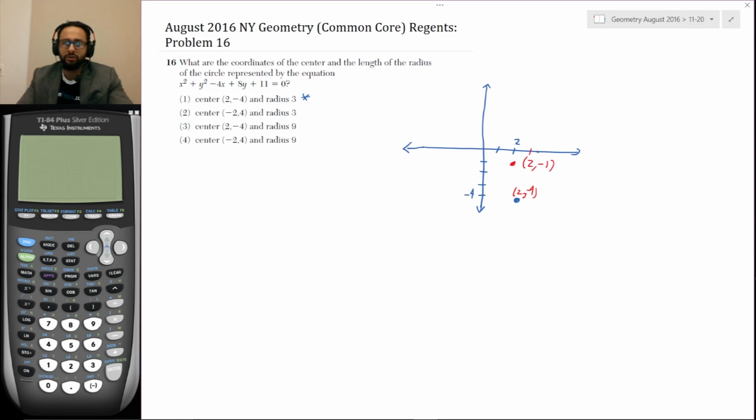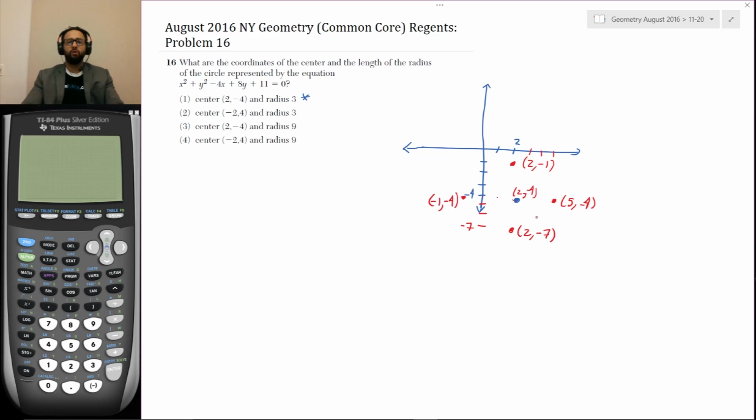To the right 3 units, that's 5, -4. If I go down 3 units, that's 2, -7. And if I go to the left 3 units, 2 minus 3 is -1, so -1, -4.